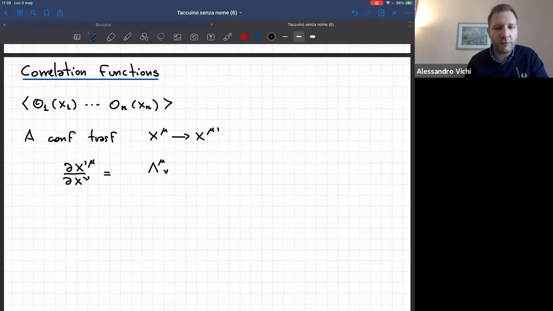But for a conformal transformation, you can show that the most general conformal transformation is indeed a rotation times a scaling factor, omega of x, which is x-dependent generically. It's constant only for scale transformation, but for special conformal transformation, it depends on x.